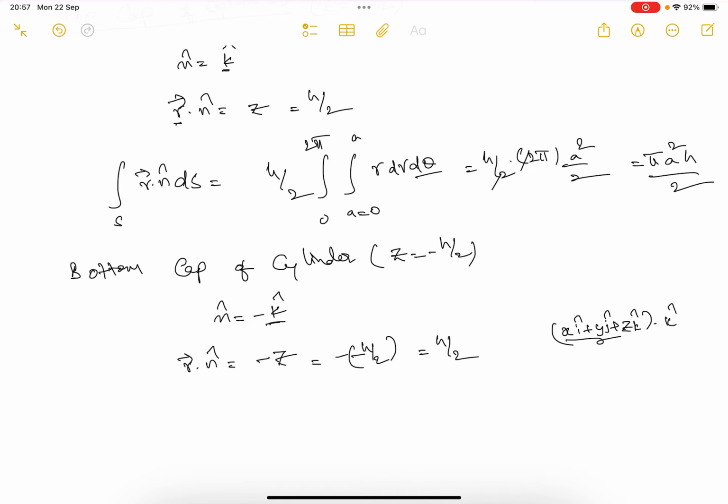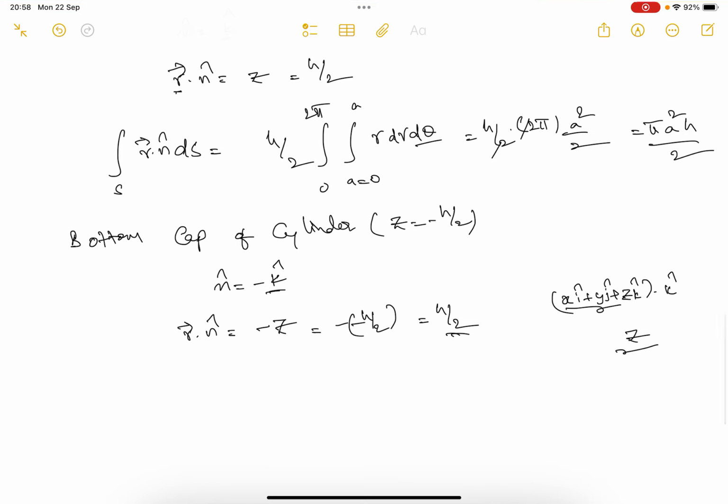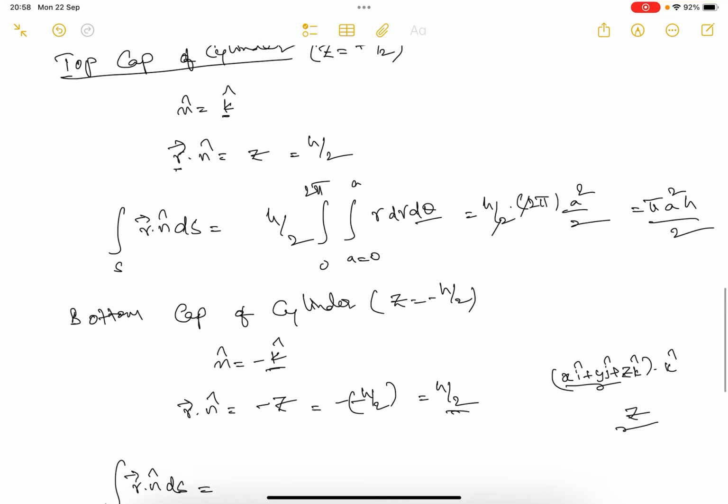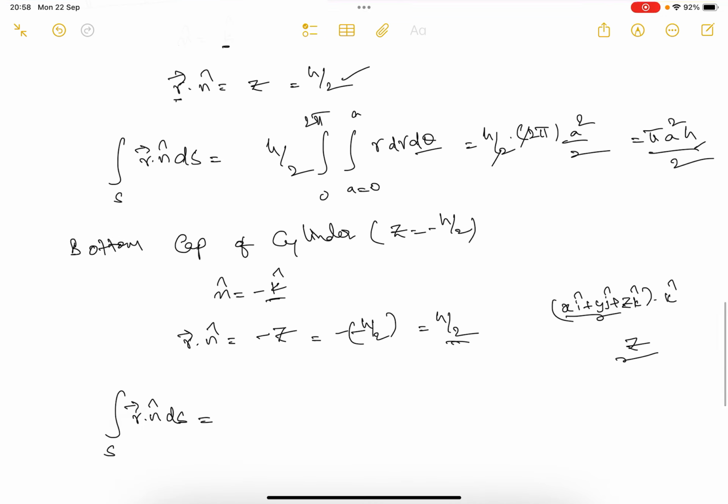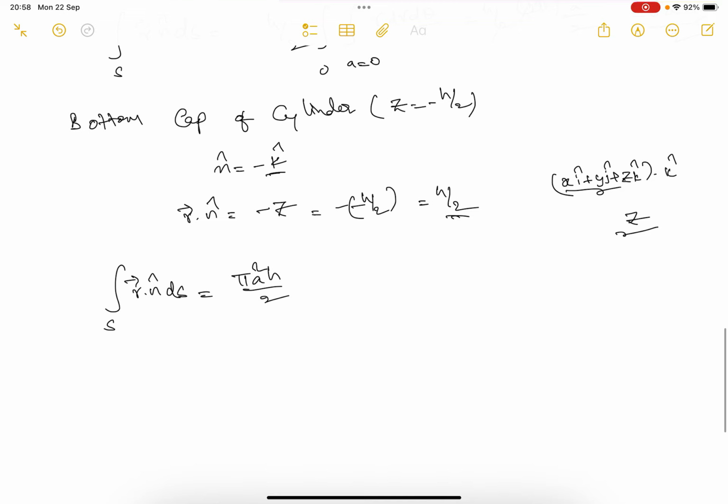So only the z term matters, and because this z is in the negative axis of z, this will be minus of minus h by 2, which is h by 2. So let's calculate this part for this case. r bar dot n cap ds will be similar. You can just see h by 2 here. You just need to integrate and you will get the same value, which is pi a square h by 2.